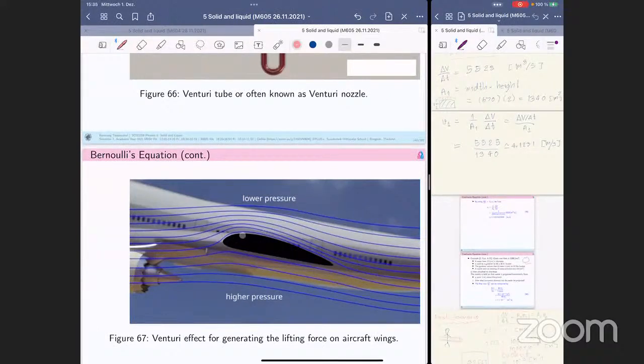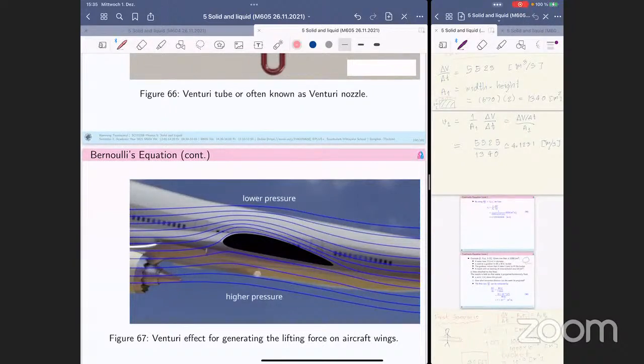It's the aircraft, and here is the cross-sectional view of the wing of the airplane. Once it flies in the air, this is a sketch of the air streamline. You have the air streamline under the wing, you have the air streamline above the wing, and you have higher pressure here at this location and lower pressure at this location.